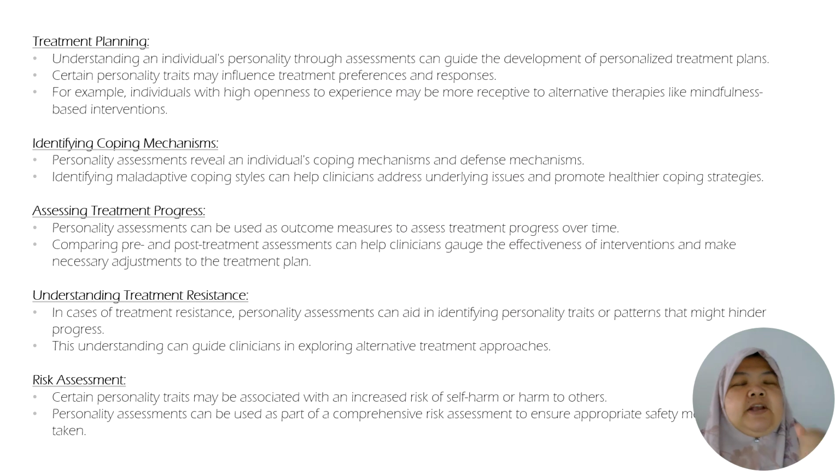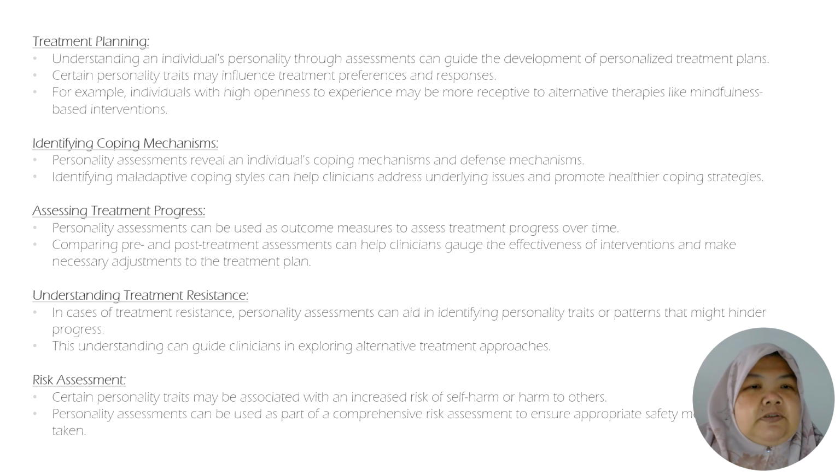Next one, treatment planning. After we do the assessment, in our clinical work in counseling we need to do treatment planning, intervention planning, for instance. We need to identify coping mechanisms, and also assess treatment progress, understand treatment resistance, and of course the risk assessment as well.